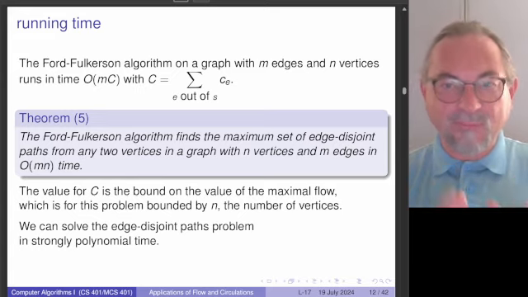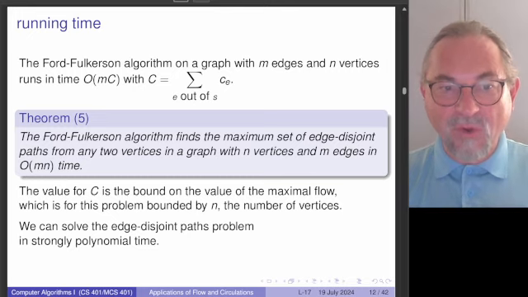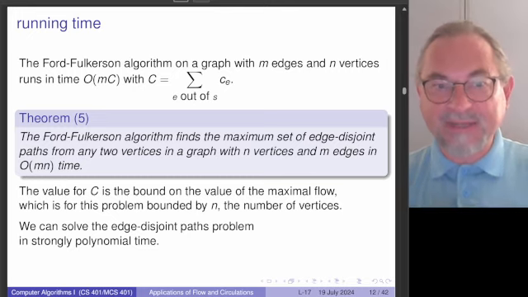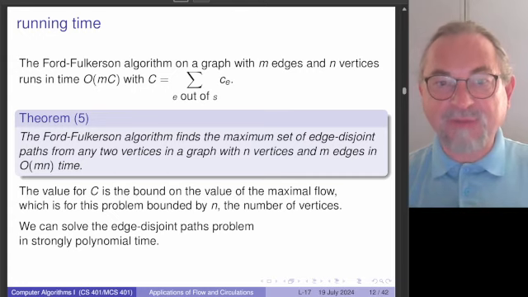So unfortunately for this problem, we actually know that the maximum flow is bounded by the number of vertices. That's why you can replace the capital C by the little n. And actually we can solve this edge disjoint paths problem in strongly polynomial time.